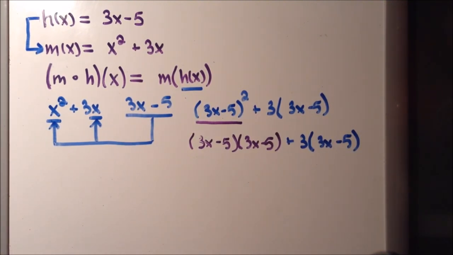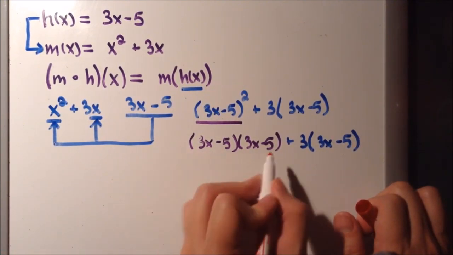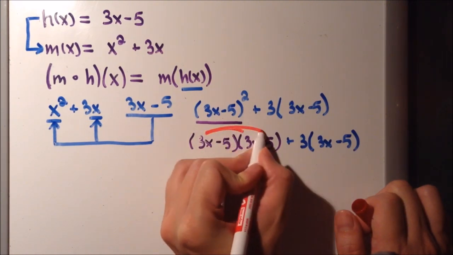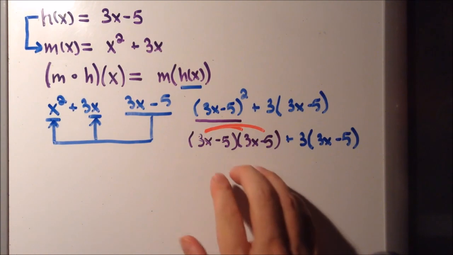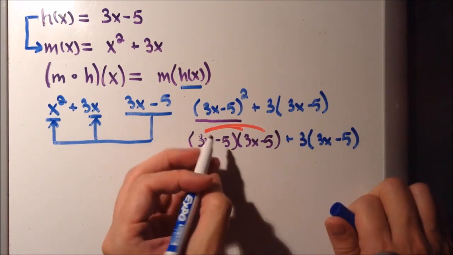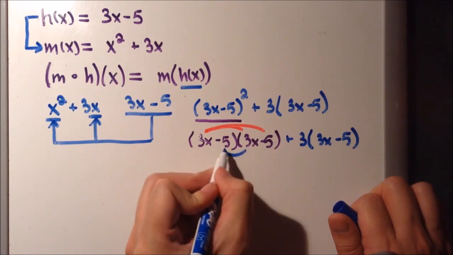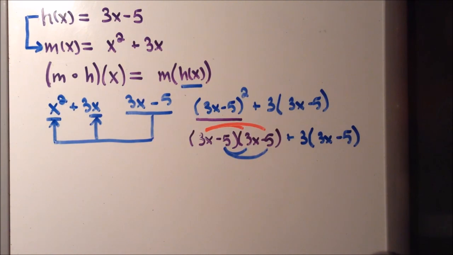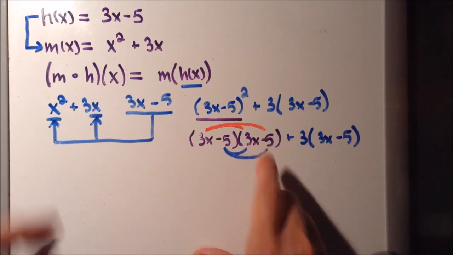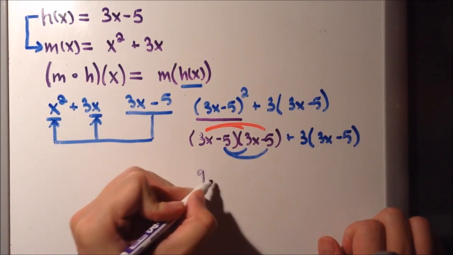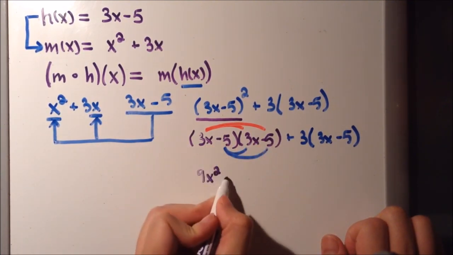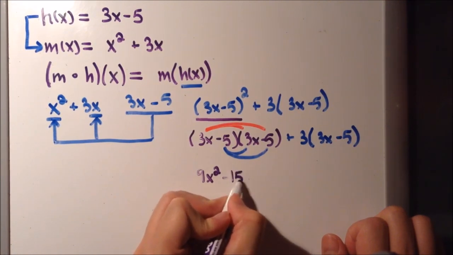Just like before, when you have a binomial multiplied by another one, you have to FOIL. Even though I'm doing FOIL in the video, you are allowed to use the box method if you like. Either method does not matter to me. So we're going to FOIL. 3x times 3x is 9x squared. 3x times minus 5 is minus 15x.